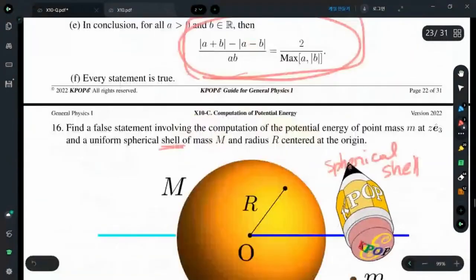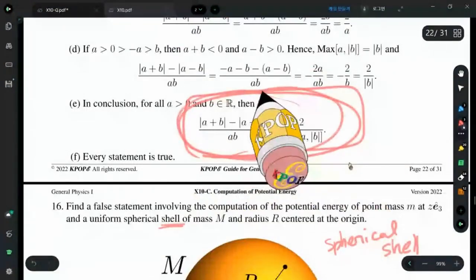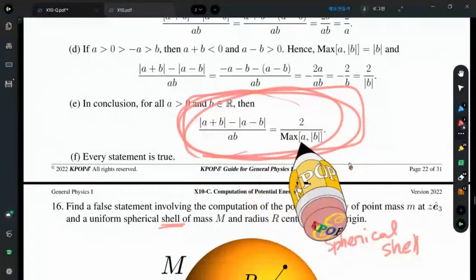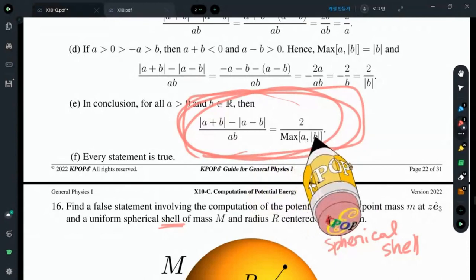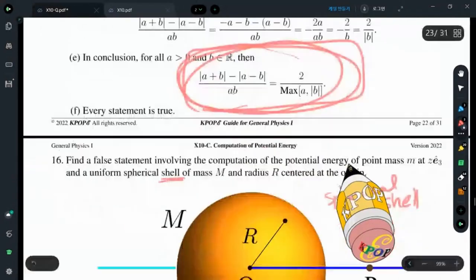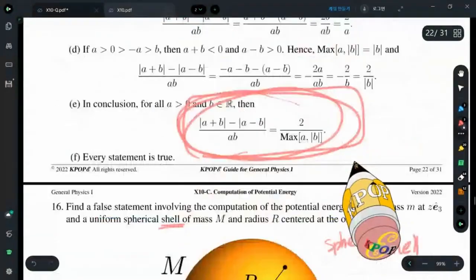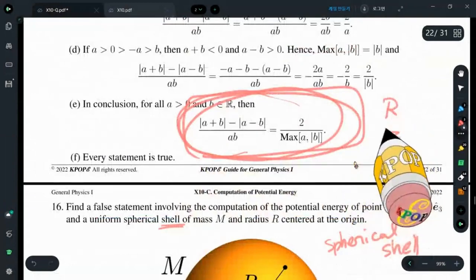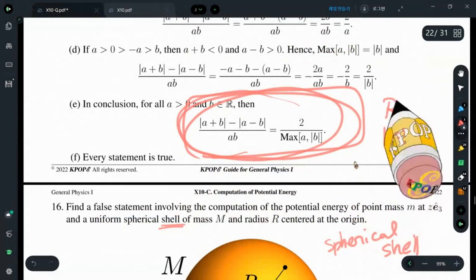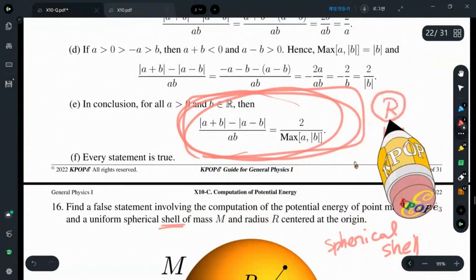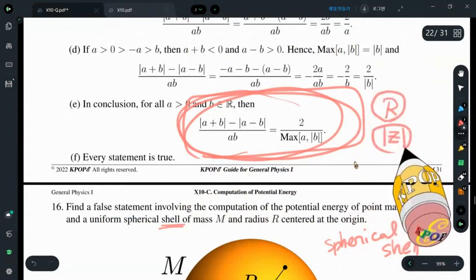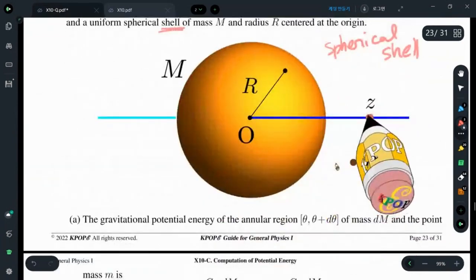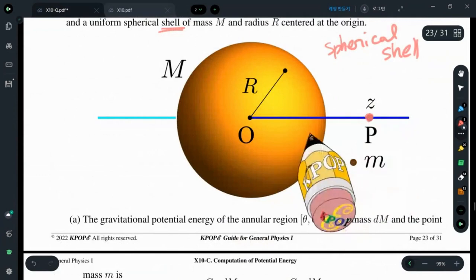This arithmetic formula gives just 2 over the product of the maximum value of a and the absolute value of b. We know a is r and z can be negative. That's the reason why I have to compare the radius capital R and the absolute value of the coordinate z. Coordinate z is the position of this point mass.